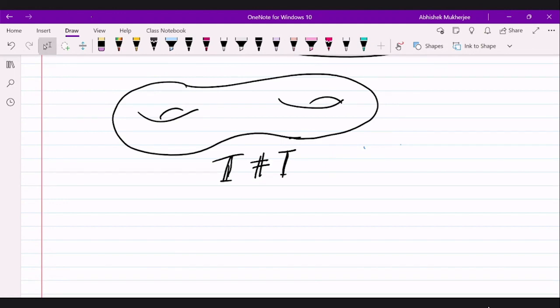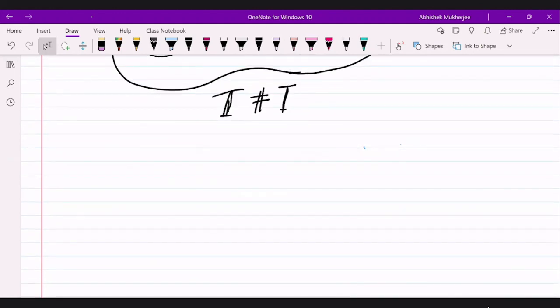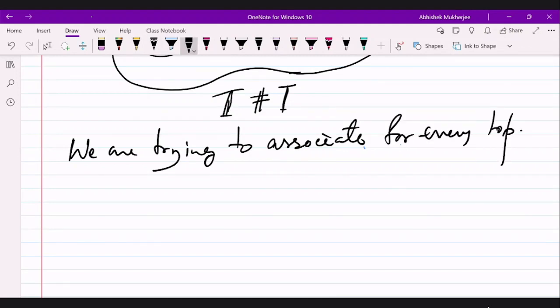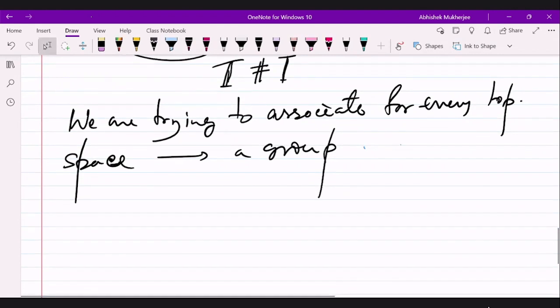And along this line, I'm going to define this. We are trying to associate to every topological space a group. Okay. So I'm going to transform the problem of topology to a problem of algebra, right?